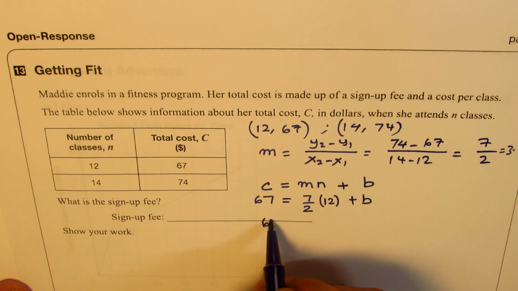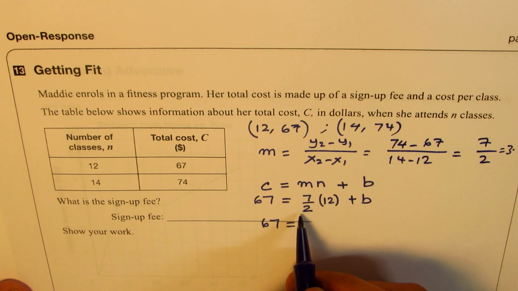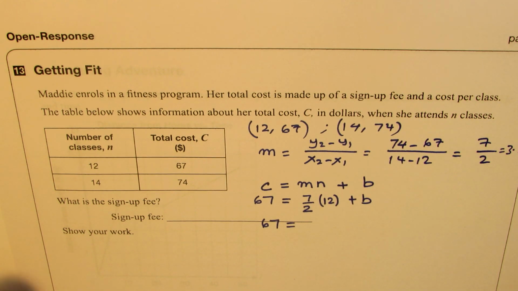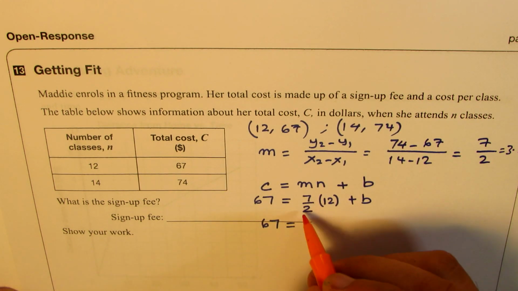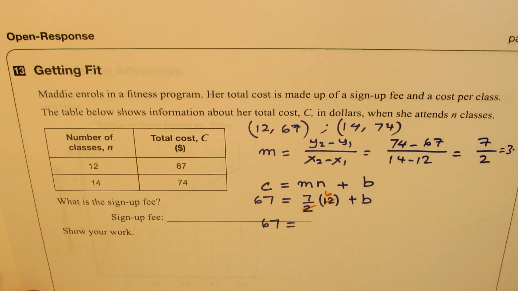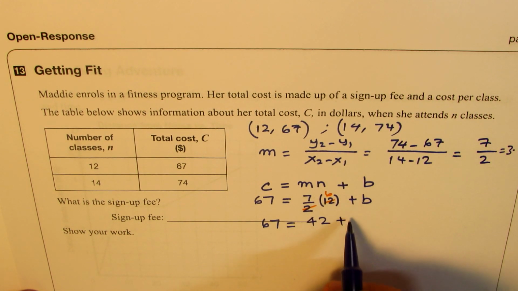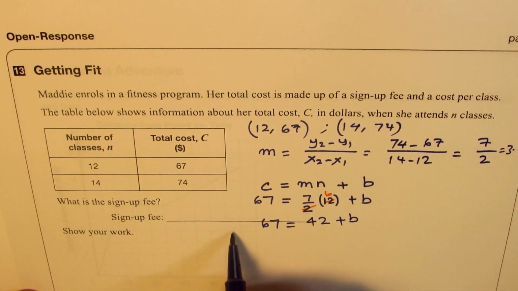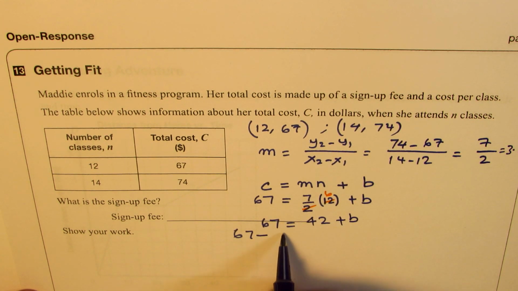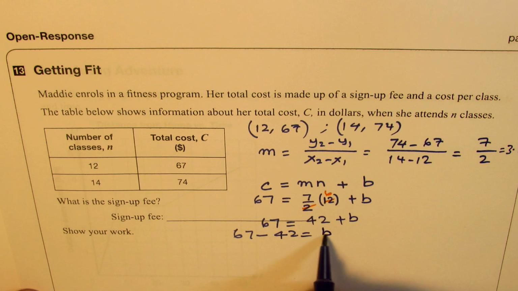So you can simplify this, cancelling 12 by 2, you get 6. So 6 times 7 is 42 plus b. Now from here, you can find the value of b as 67 minus 42 equals b, right?